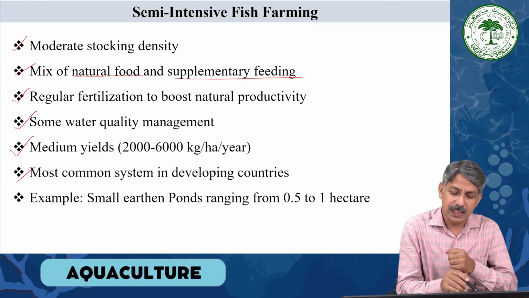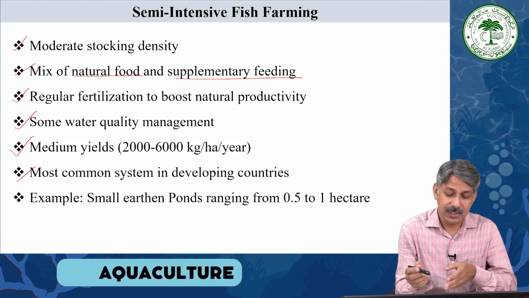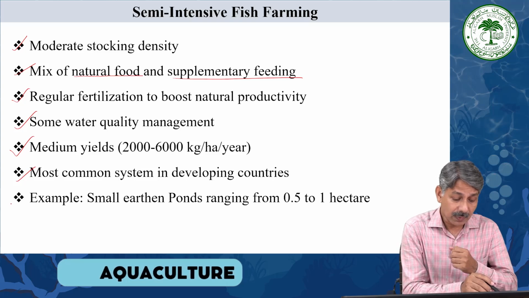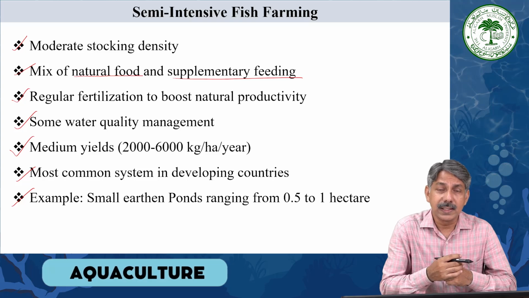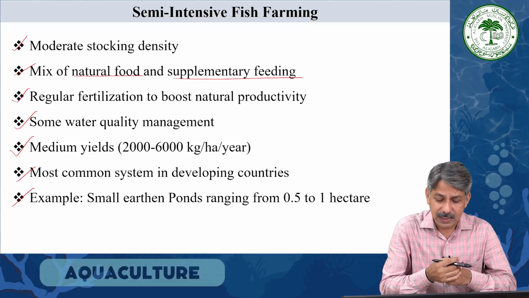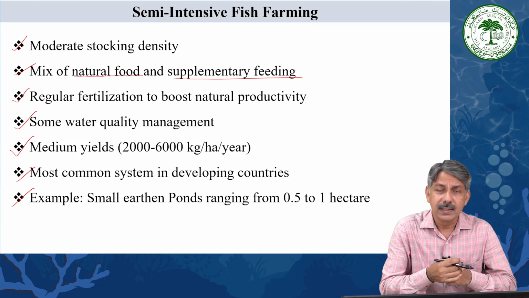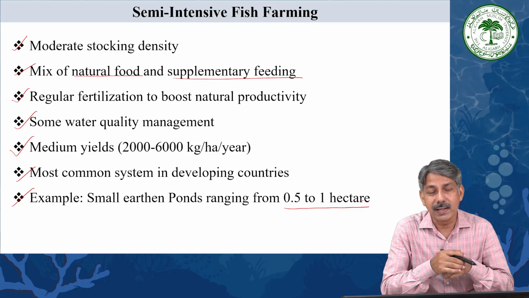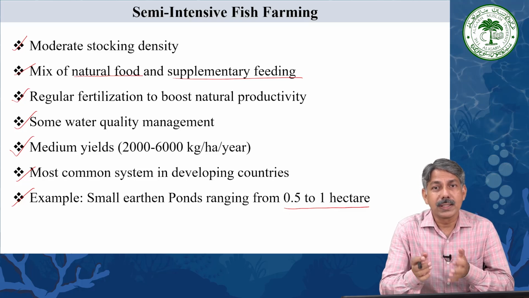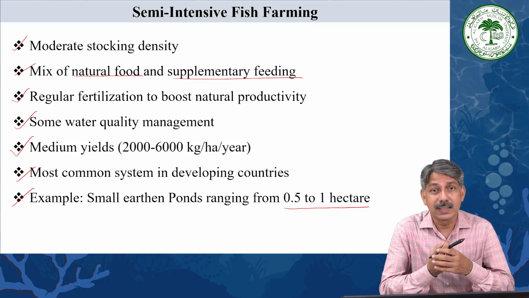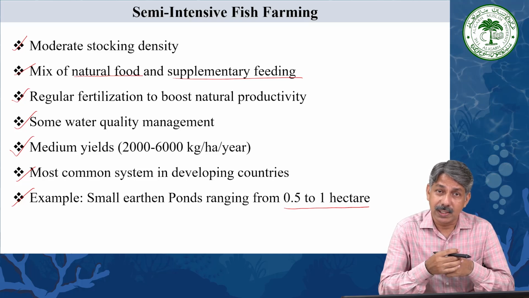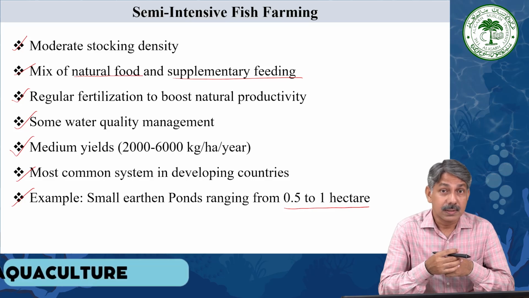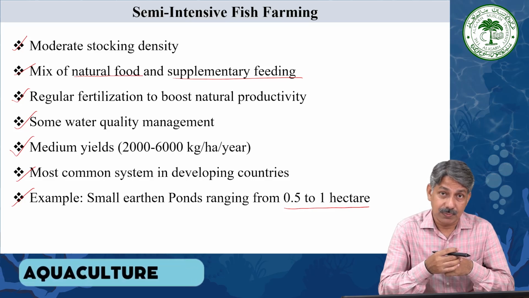And this is quite common in many developing countries, especially Asian countries. Examples: we all know that in countries like India, we have small earthen ponds of 0.5 to 1 hectare area. Whatever earthen pond is available, maybe even smaller than 0.5 hectare or a little more than 1 hectare water area, can be utilized for semi-intensive aquaculture, semi-intensive fish farming.